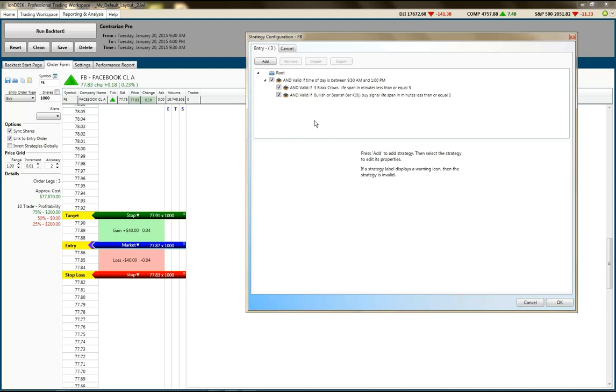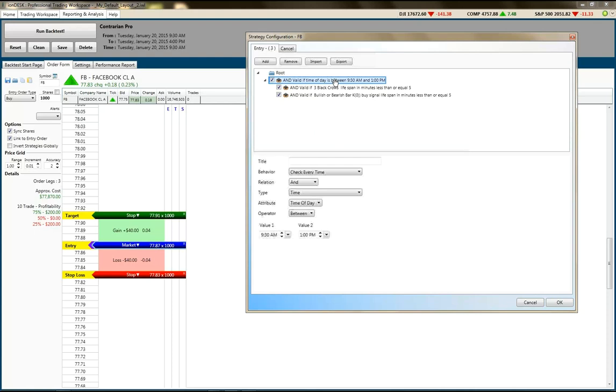I'll show you some of the more advanced trees that one of my customers has, and you'll see that it can get very elaborate. But if you notice, in order to keep your strategy optimized, we did the more simple thing first, which was check to make sure that the time is there, because IonDesk won't even check for these two, which are a little bit more intensive because it's scanning chart data.